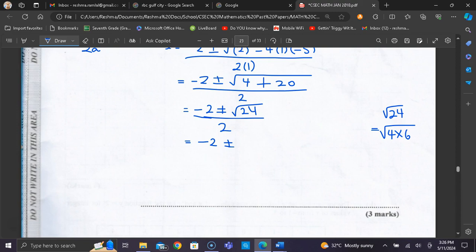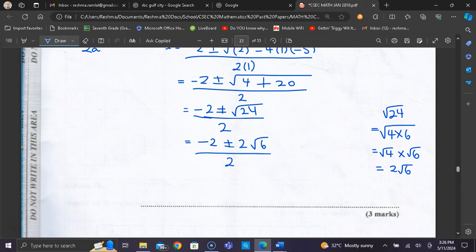So there's a rule of surds that says that the square root of a product is the product of the individual square roots. So the square root of 4 by 6 is the square root of 4 times the square root of 6. And of course the square root of 4 being a perfect square, is 2. So we get 2 times the square root of 6.